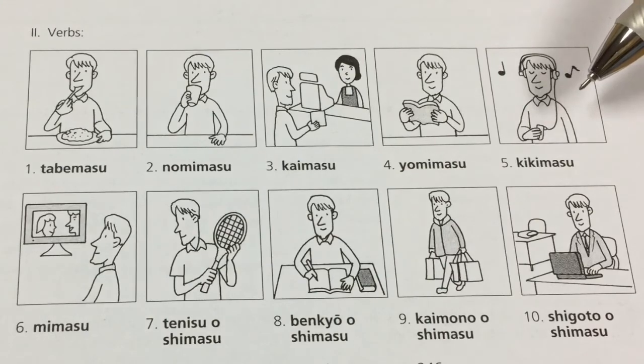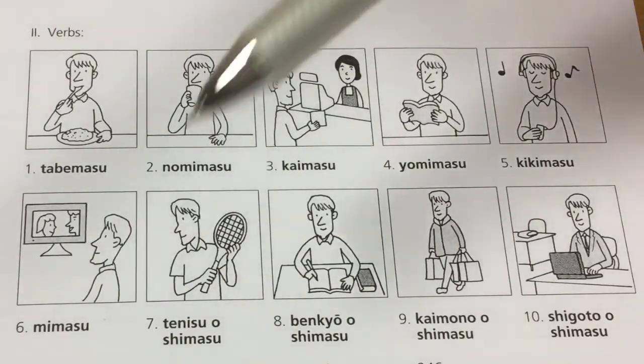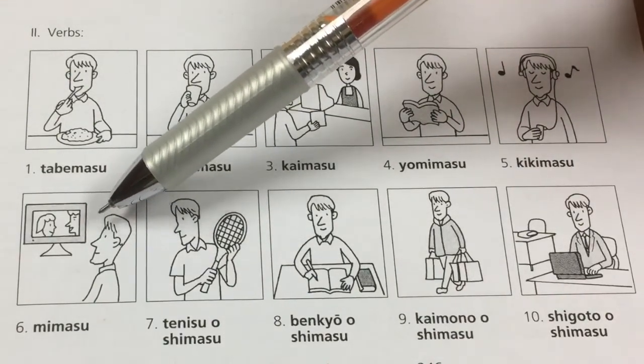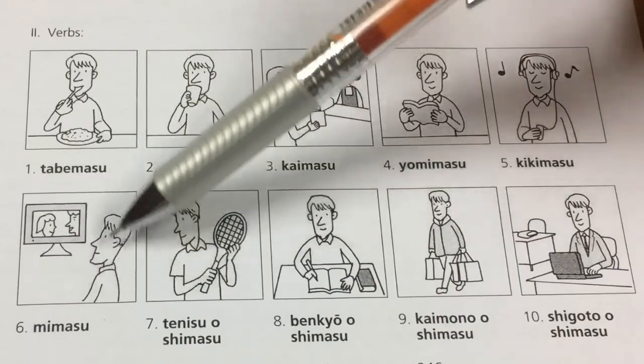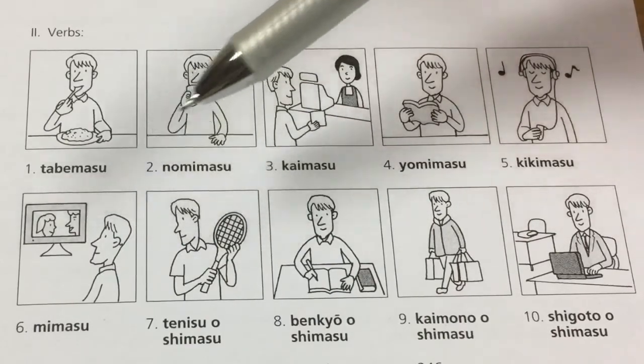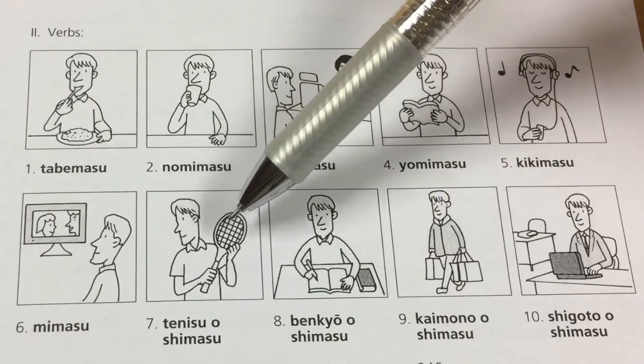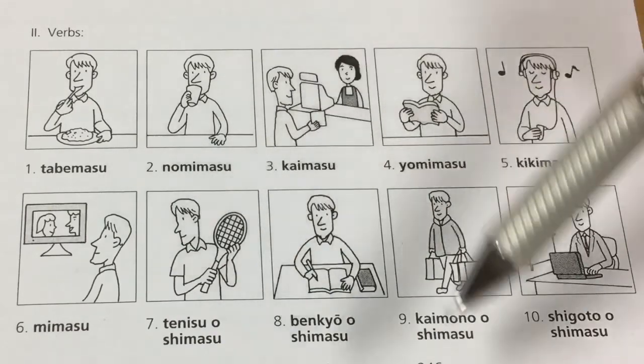CD o kikimasu. I'm listening to the CD. Mimasu, to look or to watch. Terebi o mimasu, to watch television. Tenisu o shimasu. I'm playing tennis.